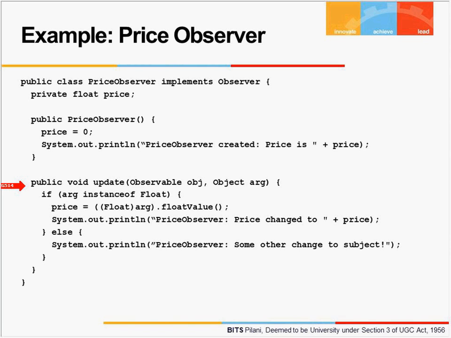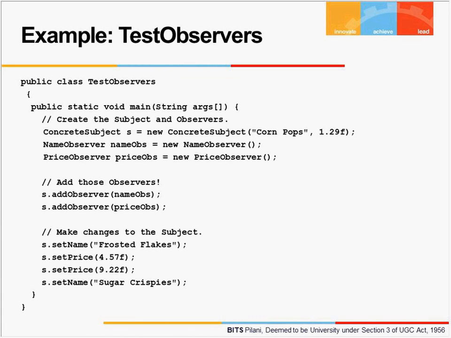It passes to it this object argument. Right? Now it checks whether it is an instance of float. If it's an instance of float, that means the price has changed, and only then this price observer is interested. If something else has changed in the subject, then the price observer is not interested. Right? Okay. Let's participate this pattern with the client.